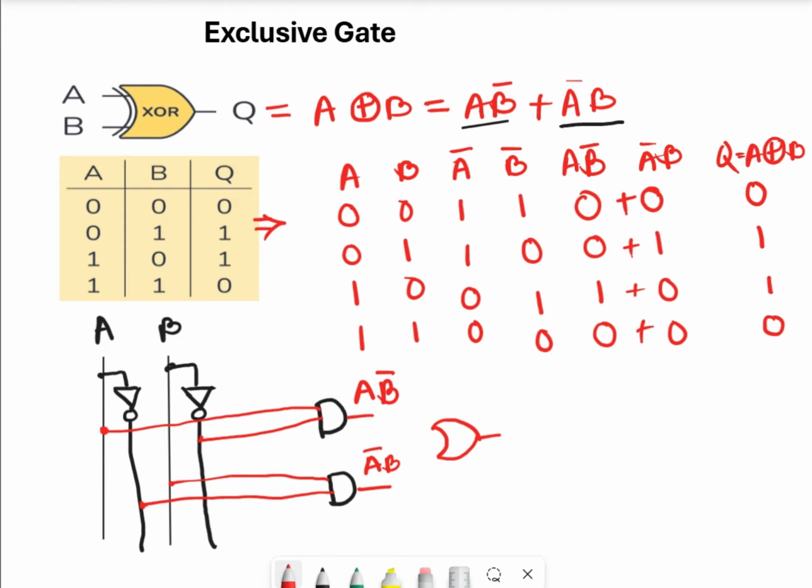So this is an OR gate, and of course the output is Q. So this one is connected, one with this one, another with this one. So the output is A exclusive B, where two opposite inputs give the output 1, and if two inputs are similar, indeed we can't find the output.